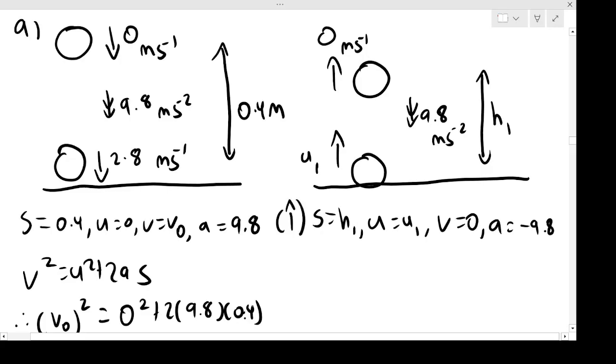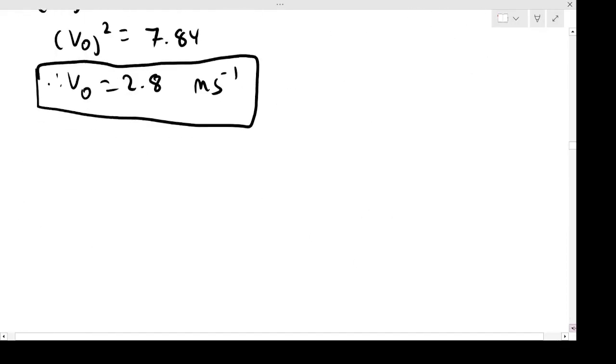Okay, so there we are. Okay, so I want to work out H1, the height. So I'm going to need to work out U. I can do that by using restitution.